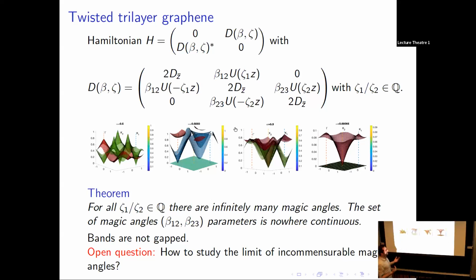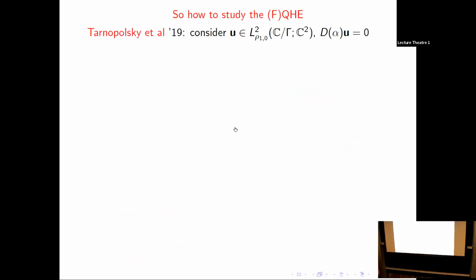So there's no way one can understand if there are, in the irrational case, any magic angles. Also, this thing that it's not gapped, that this magic angle is actually bad, for example, for the fractional quantum Hall effect. It's also not being measured there because there you really need these large gaps. So this is, I think, a really interesting open question that I would be interested in hearing the answer to.